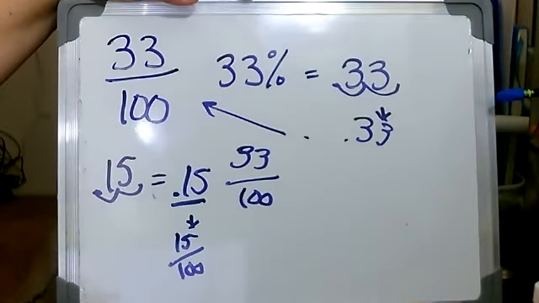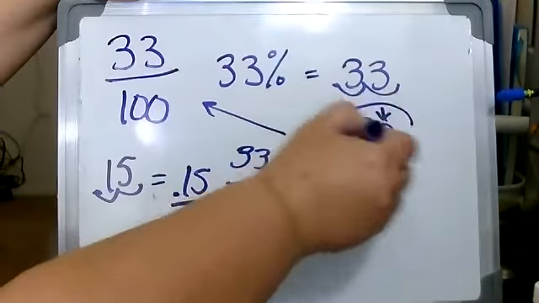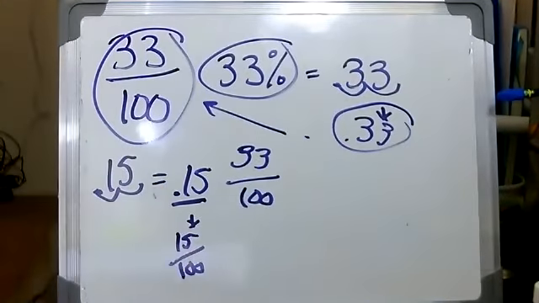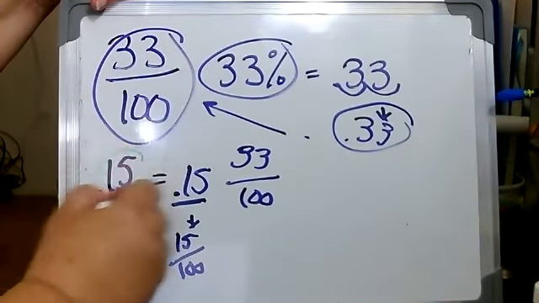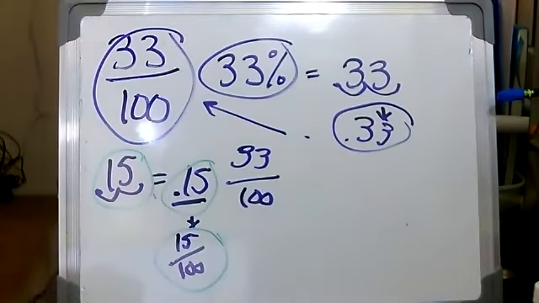Okay? So these are all equal to one another. This is equal to this is equal to this. And this is equal to this is equal to this.